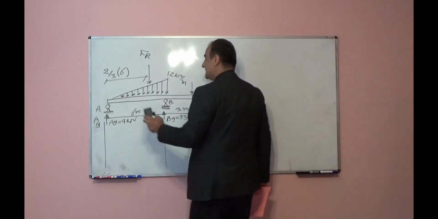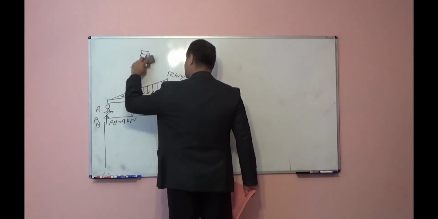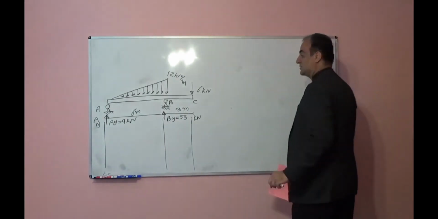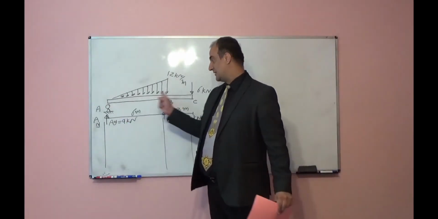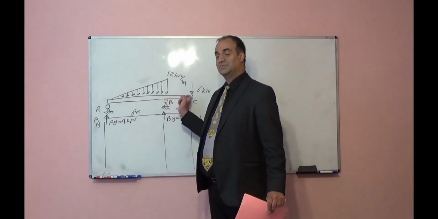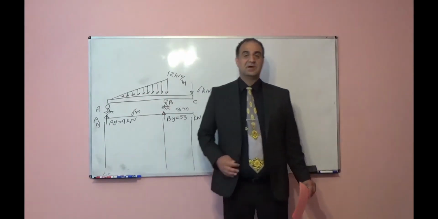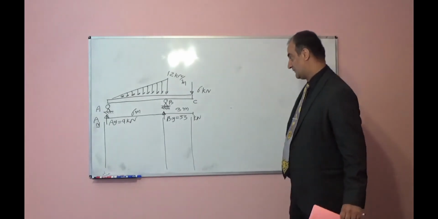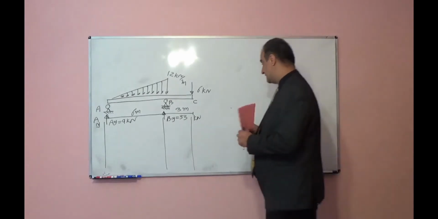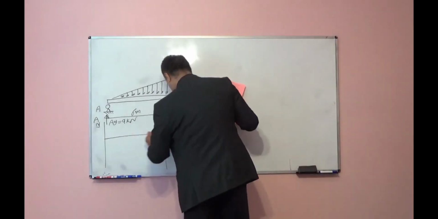One between A and B, another between B and C. Because function, you can define 2 functions, in order to describe the behavior, one function between A and B, another function between B and C. So 2 free body diagram, 2 cut will be enough in order to draw shear force diagram and bending moment diagram.